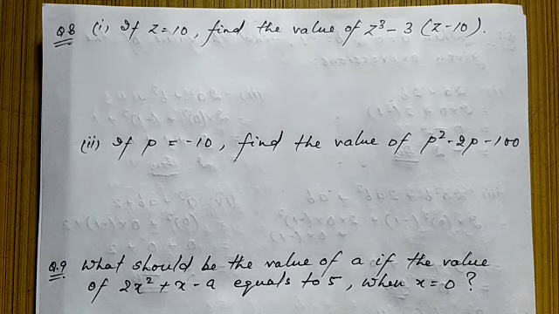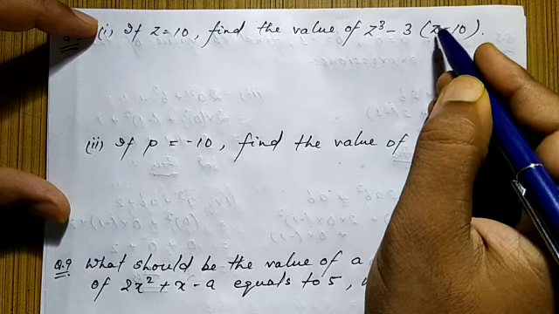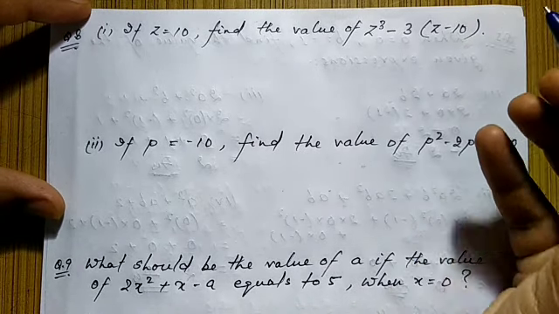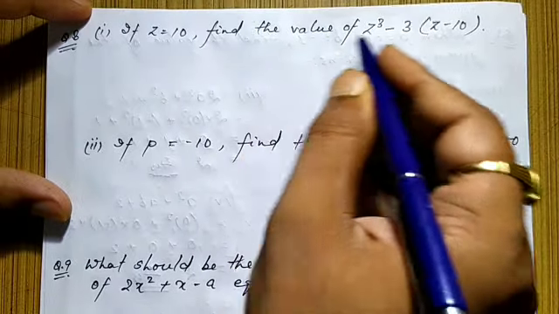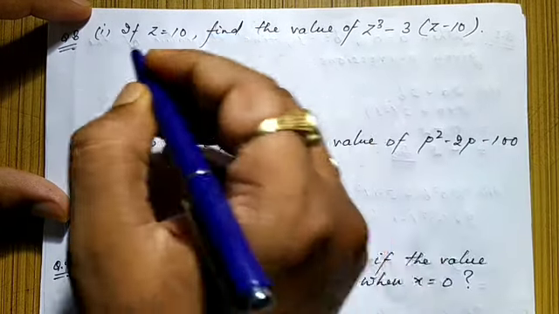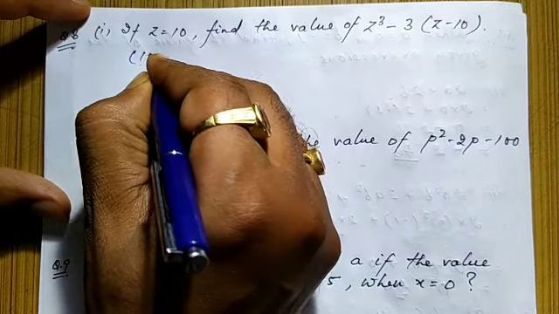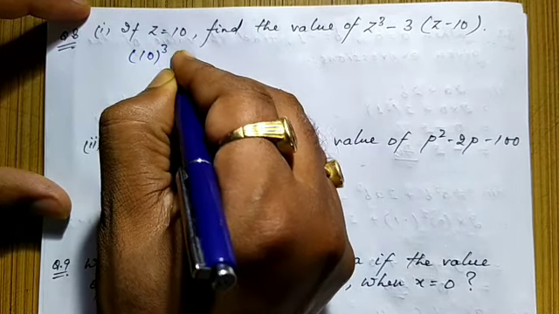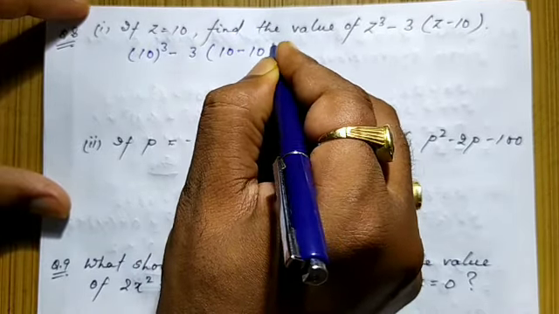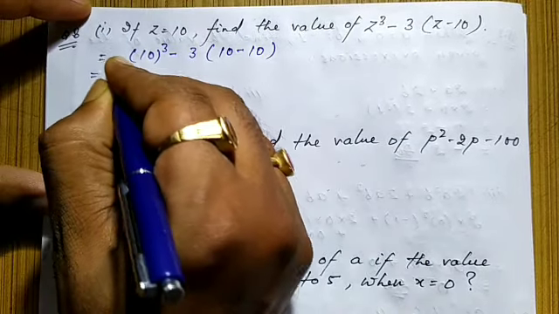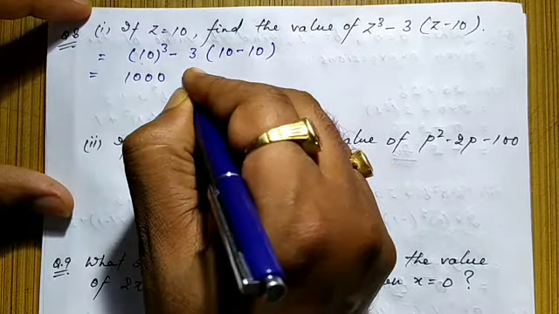If z is equal to 10, find the value of z cube minus 3 in bracket z minus 10. Okay, now substitute z is equal to 10 in this expression. 10 cube minus 3 into (10 minus 10). Okay, 10 cube means what? 1000.